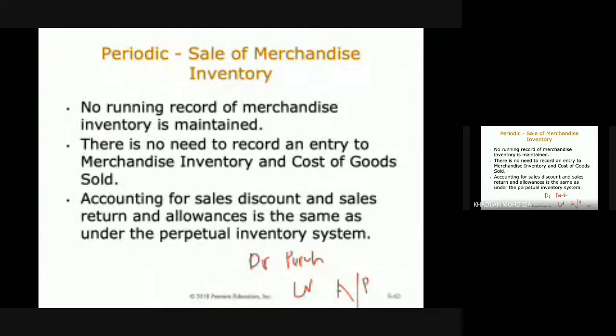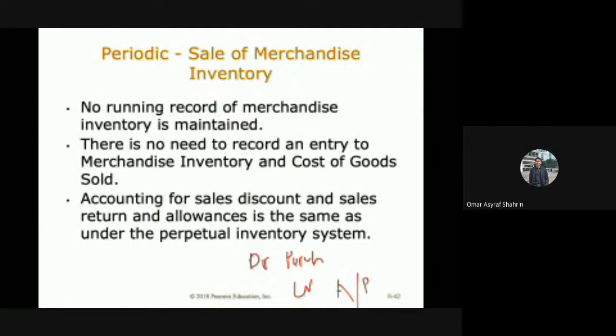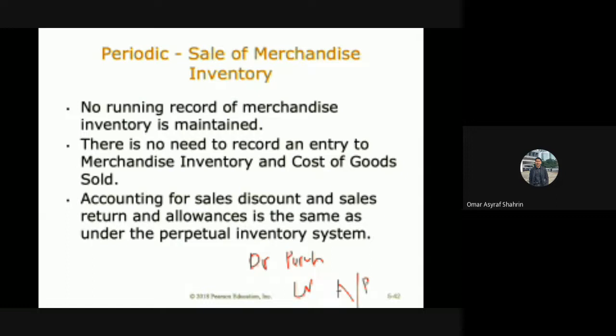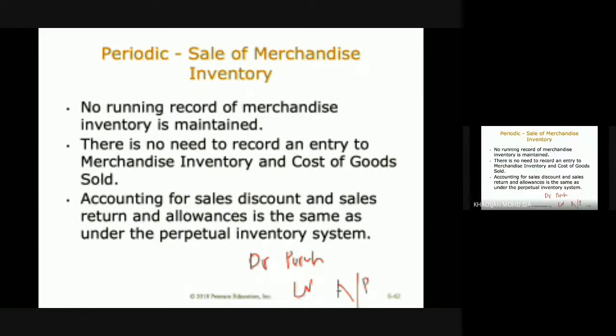How do you record your sales? Debit your accounts receivable, credit your sales. So one records sales, the other records COGS. That is under perpetual.